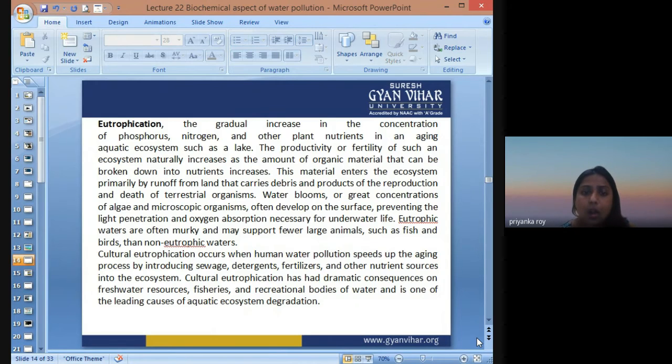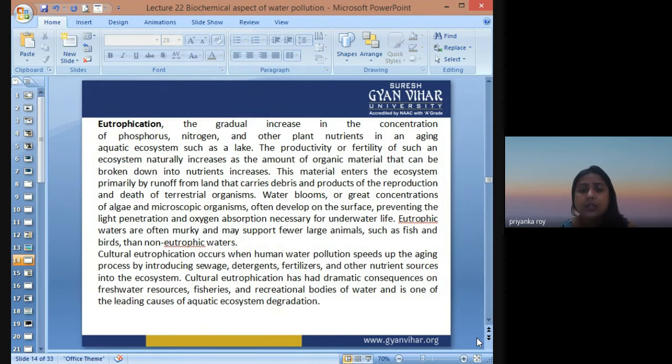So eutrophic waters are often murky and may support fewer large animals, such as fish and birds, than non-eutrophic waters. Now, cultural eutrophication occurs when human water pollution speeds up the aging process by introducing sewage, detergent, fertilizers, and other nutrient sources into the ecosystem.